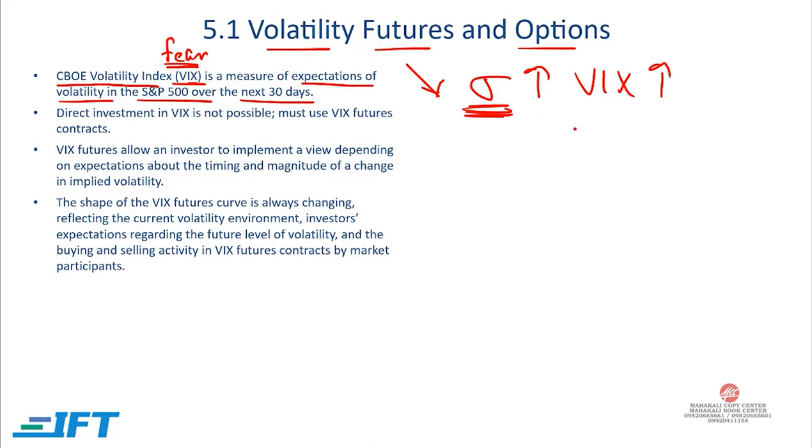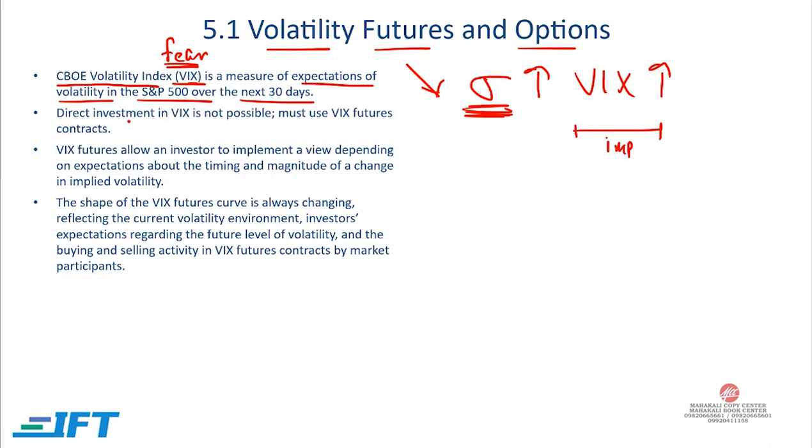So if we look at options that expire over the next 30 days, the implied volatility of those options is used to come up with the VIX index. The greater the uncertainty in the market, the greater the implied volatility and the higher the VIX index.